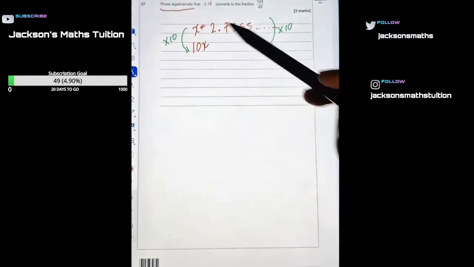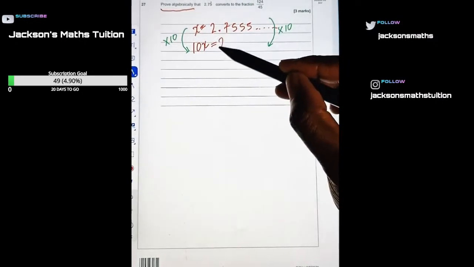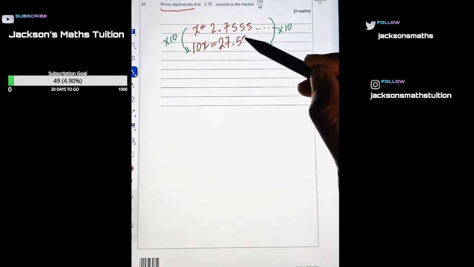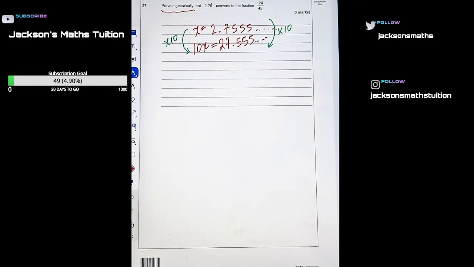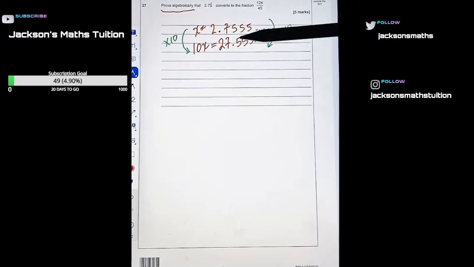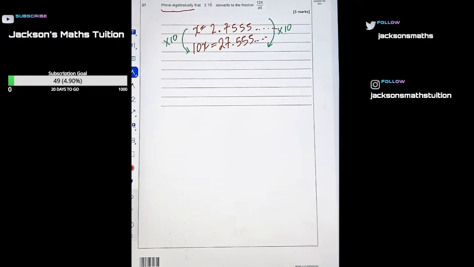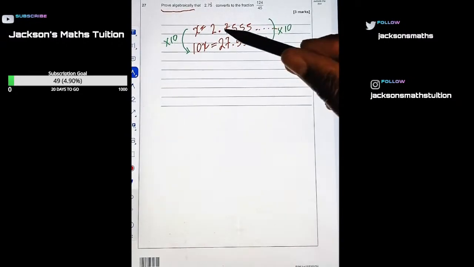So if you times this by 10, that becomes 27.555 recurring. Okay? Now, the aim is to get the recurring digits to be the same. That's the only way you're going to get rid of the decimal. They have to be the same digits behind the decimal point.